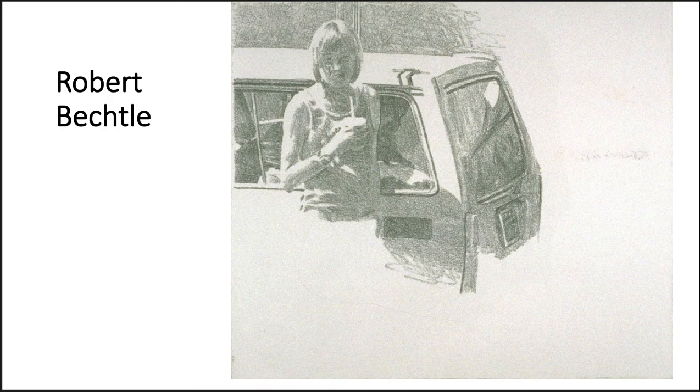Robert Bechtel. He's a Bay Area photorealist. I think he's still alive, maybe. I don't know. He always does these really intricate, detailed copies of photographs. They're almost generic snapshots of his family, and he just copies them meticulously, usually in oil paint. These are some of his drawings I'm showing you, though.